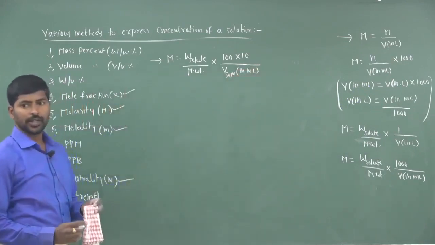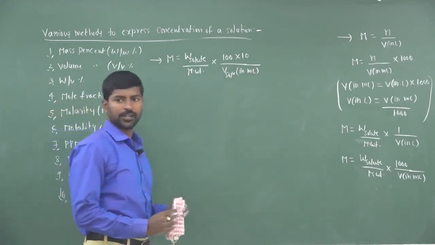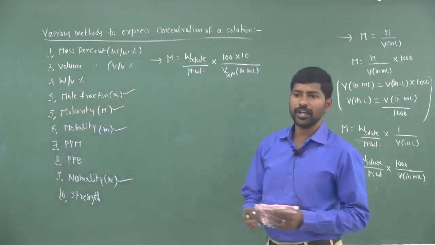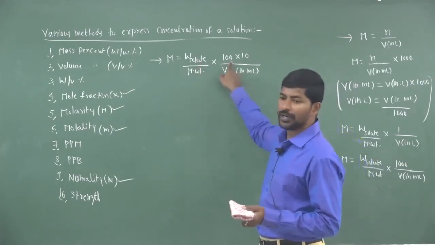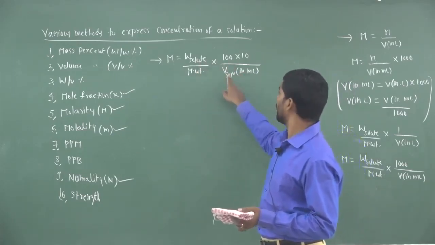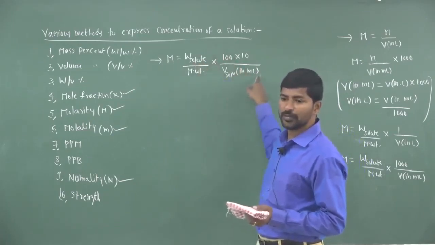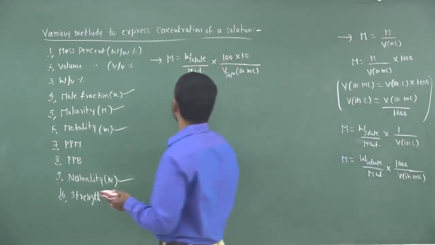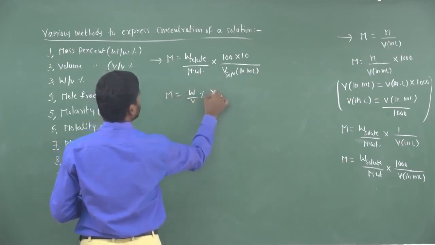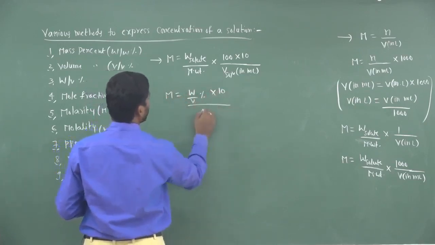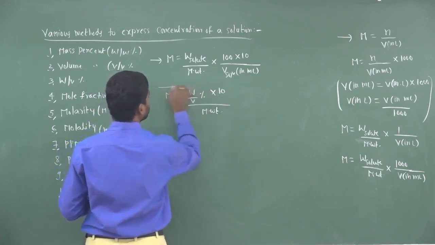I am converting molarity into weight by volume percent. Weight of solute by volume of solution in ml into 100, that is nothing but weight by volume percent. So molarity is equal to weight by volume percent into 10 by molecular weight.